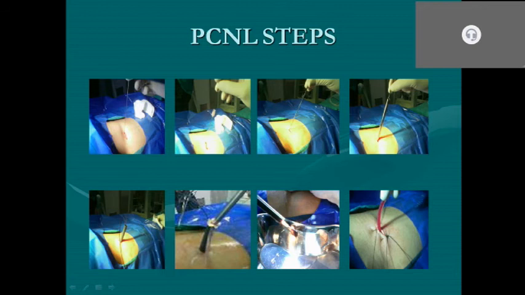So in percutaneous nephrolithotomy, what are the basic steps? It can be done in the prone position, which is most commonly done, or now in the supine position also, but most commonly it is prone.